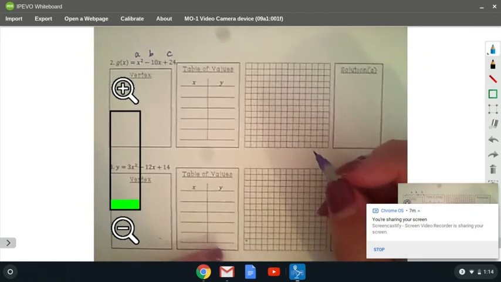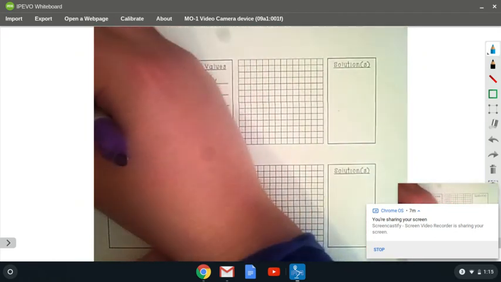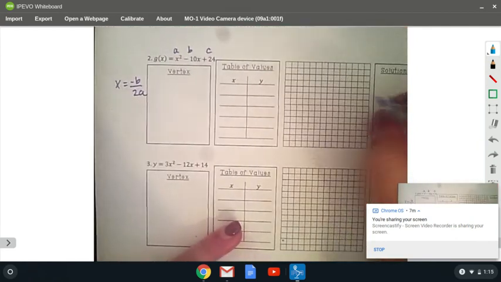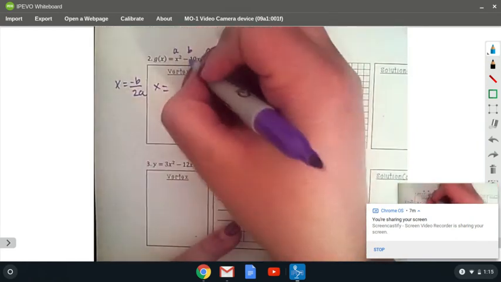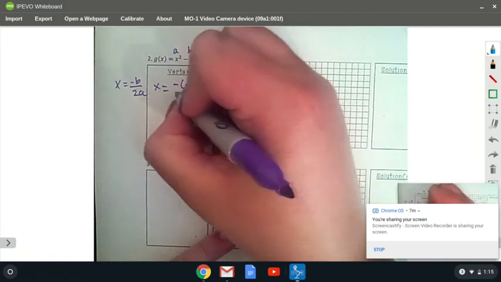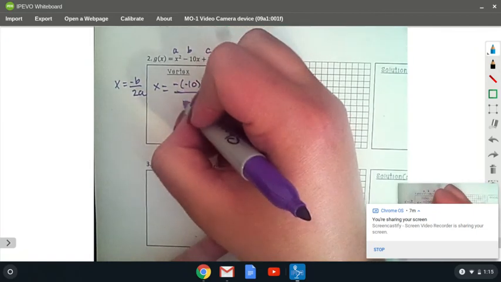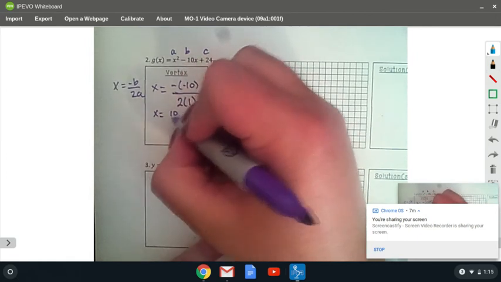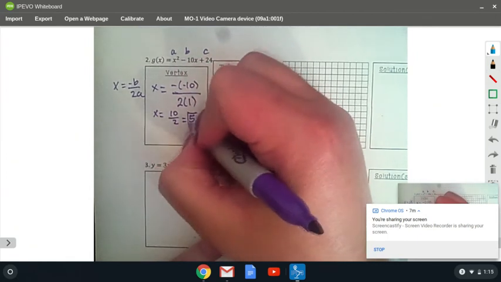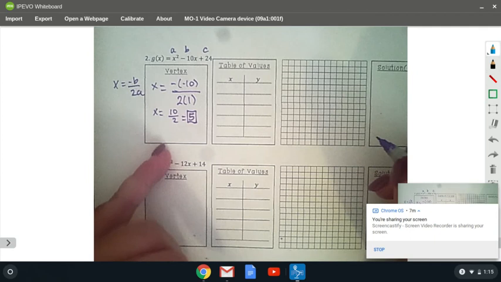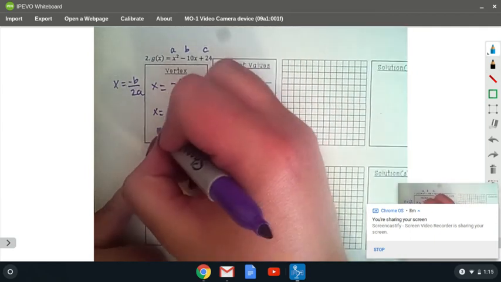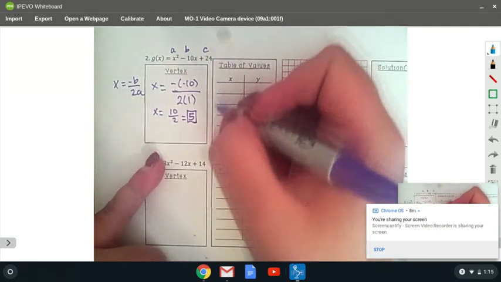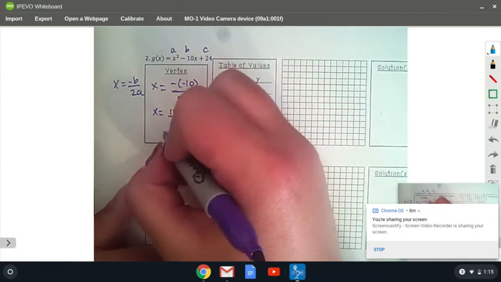Okay. Now, the vertex, like I said, we got to use x equals -b over 2a. Okay. So my -b is -10. So I have a double negative here over 2 times 1. That gives me 10 over 2, which is 5. I now have to take that 5 and plug it in to my original equation, the x squared minus 10x plus 24.